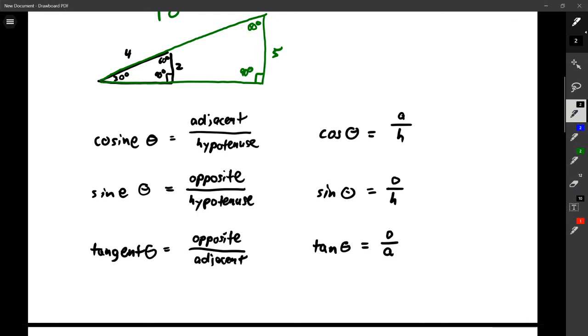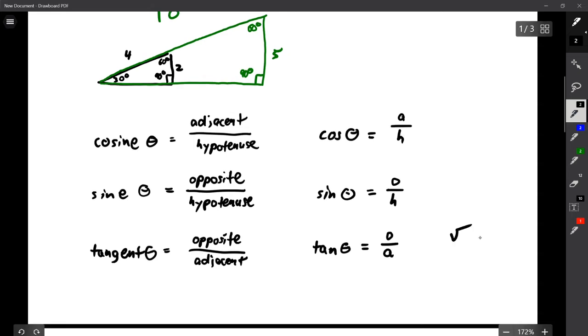Okay? So sine, cosine, and tangent are kind of like operations that we're doing on theta. Think of it kind of like square root, right? We don't do just square root equals. If I said square root equals 7, well, square root of what equals 7?